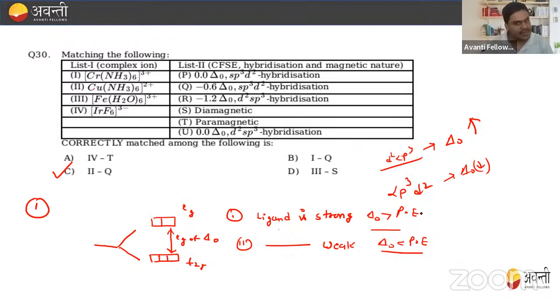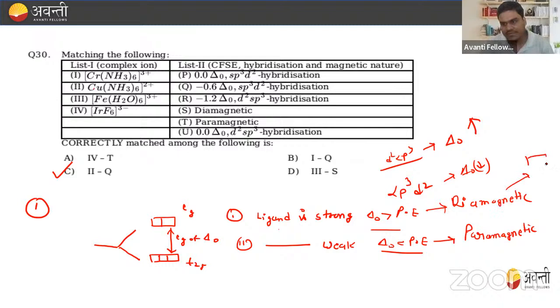Now, if the splitting energy is more, then pairing starts, and they become diamagnetic in nature. In the other case, they become paramagnetic. Diamagnetic means they have fully filled electrons like this, and paramagnetic means they have unpaired electrons, right? So they behave like this only.